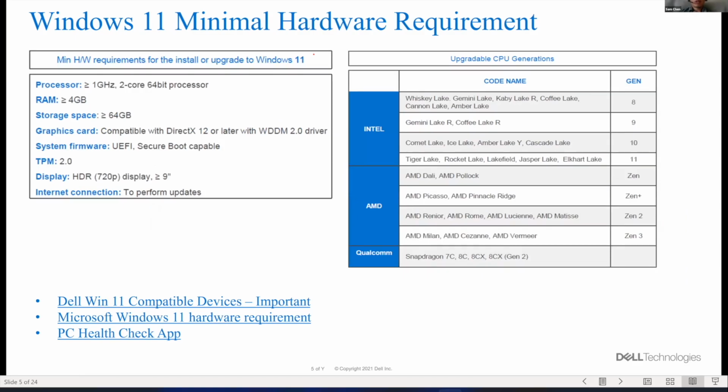But before we go into the Windows 11 features, Windows 11 has a minimum hardware requirement for a device to run Windows 11. For the most part, I think our devices can meet the requirement, but the most important one will be the CPU generation.